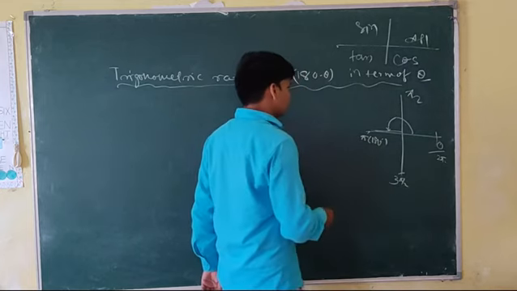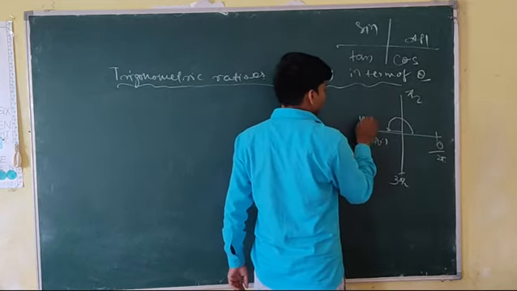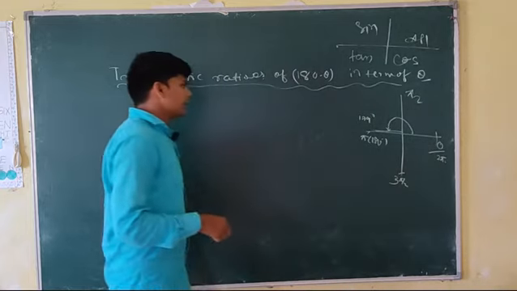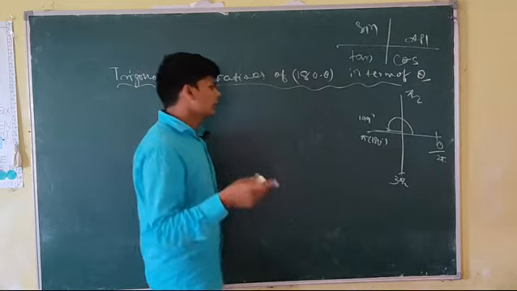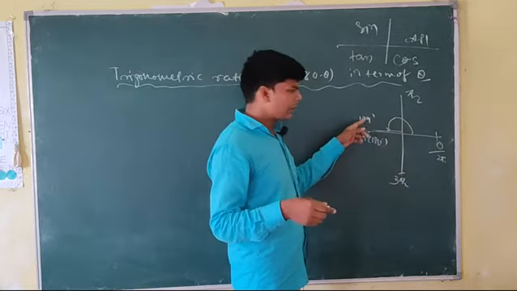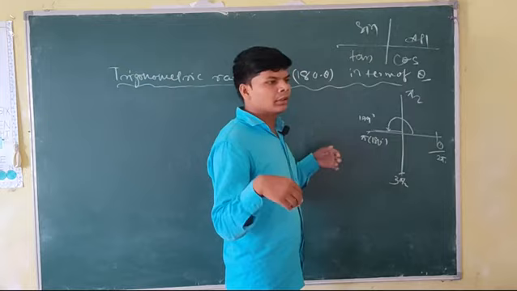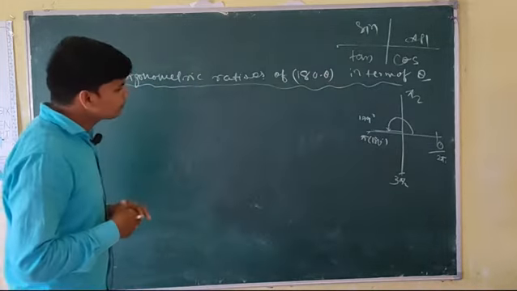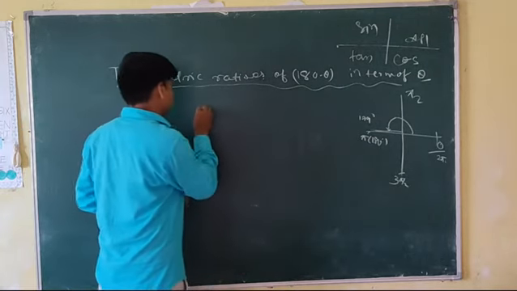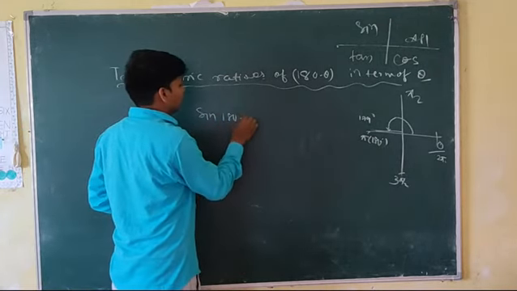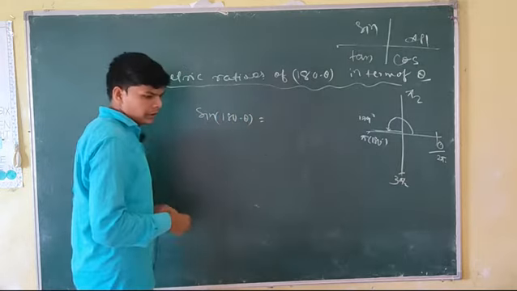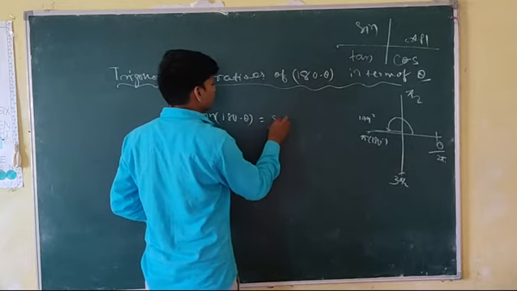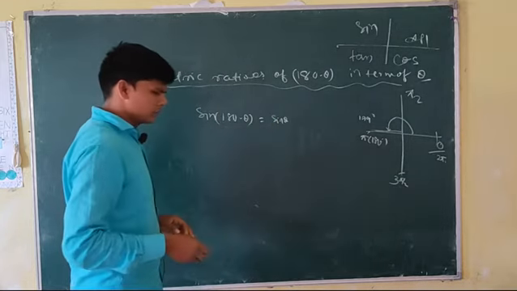See, this will be like 179 degrees. For this value, the value of sin(180 - theta), the value of sin 179, we will decide now. See, sin(180 - theta) is what? Sin(180 - theta) is only sin theta. Why? We will discuss now.